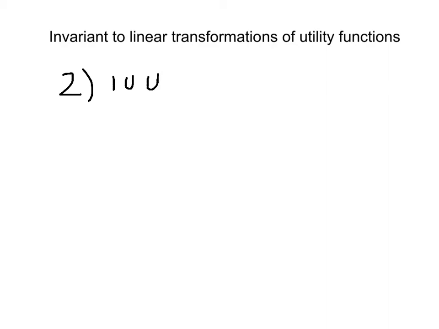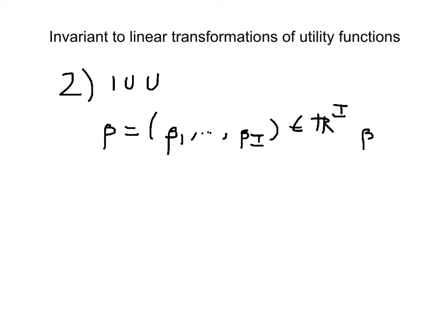So what are we saying here? Technically, we're saying that we can define a vector beta, which is a series of numbers which has I entries. It's an element of R^I. All the betas are positive numbers.